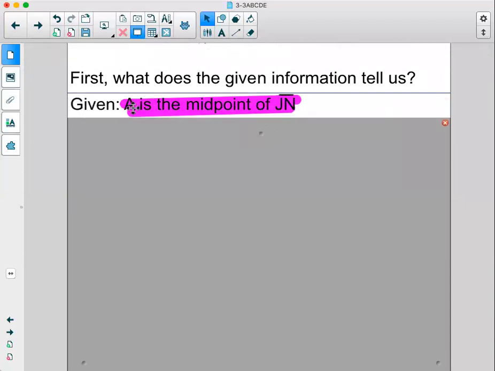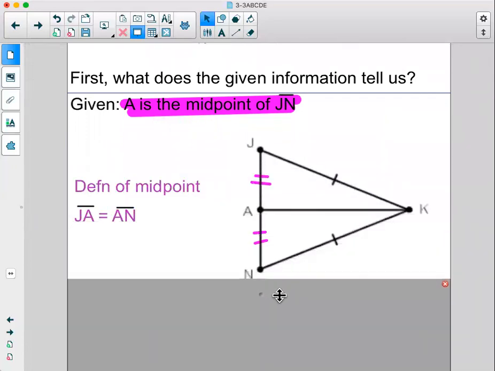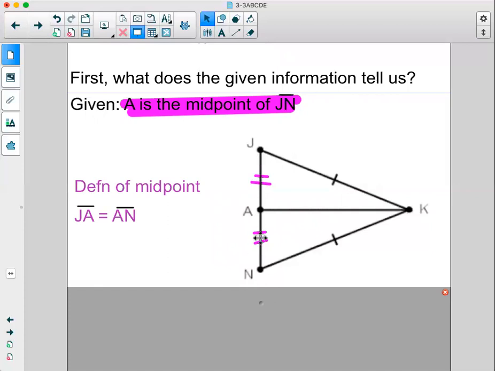Well, we're given that A is the midpoint of JN, so we have to remember the definition of midpoint. If you don't remember it, pause the video and look it up in your notes, and then press play to continue. The definition of midpoint is a point that divides a segment into 2 congruent parts.